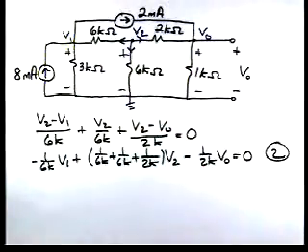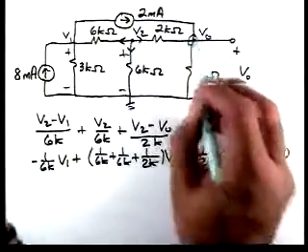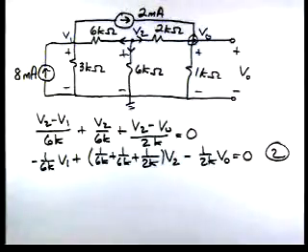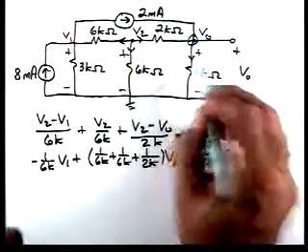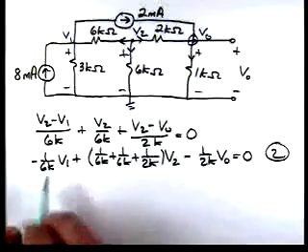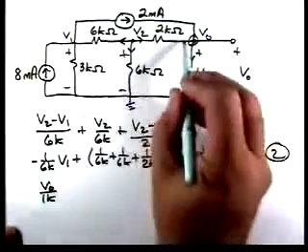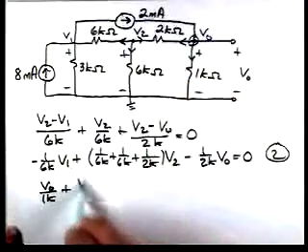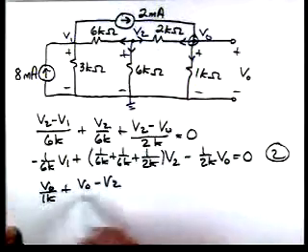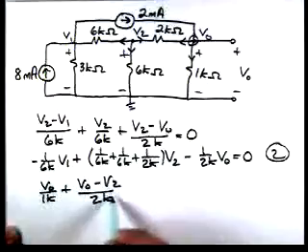Now let's do KCL around this node to finish things up. Okay, so the current leaving through that resistance, V0 over 1K. Then we want the current leaving that way. We have V0 minus V2 over 2K.